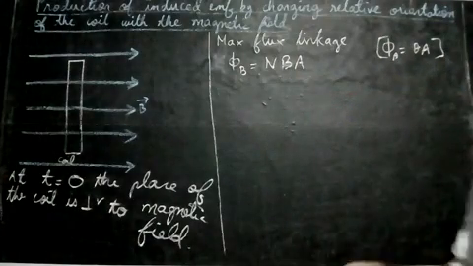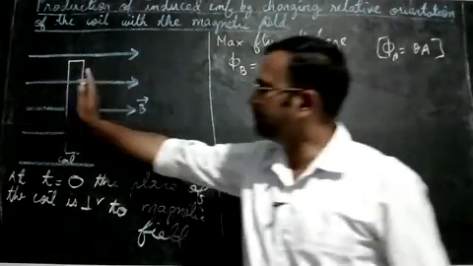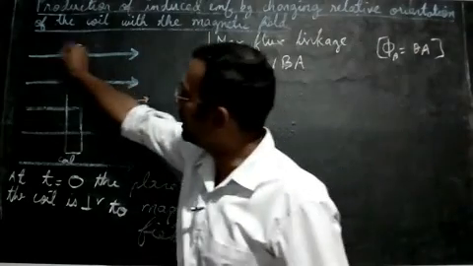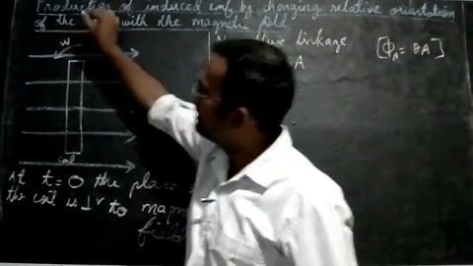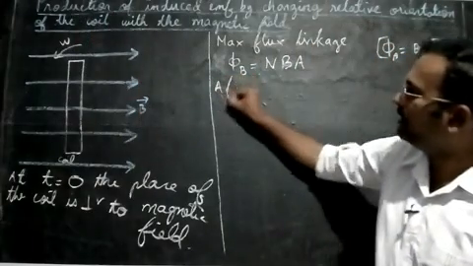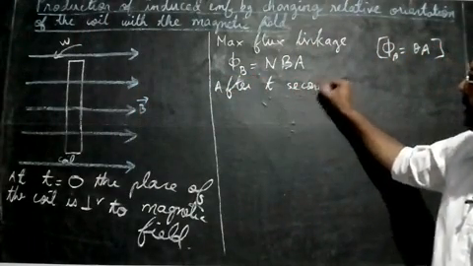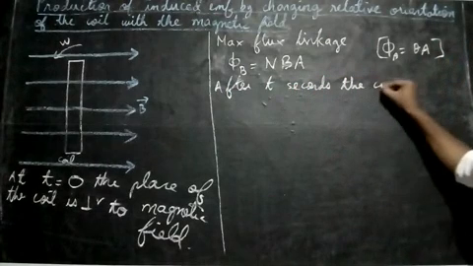Now after some time, we rotate the coil in the anti-clockwise direction with a speed omega. After t seconds, the coil goes to a new position.